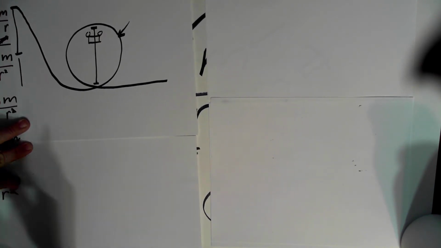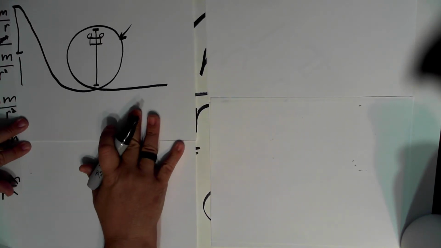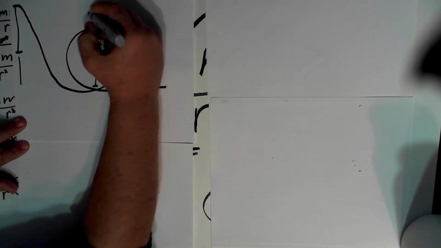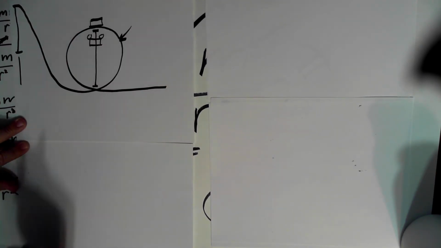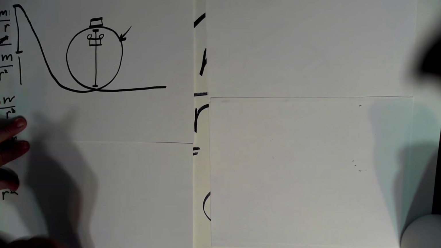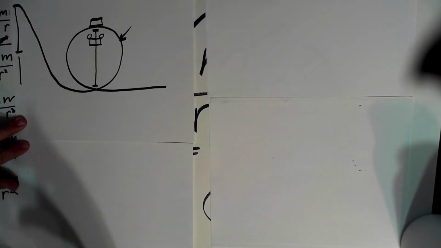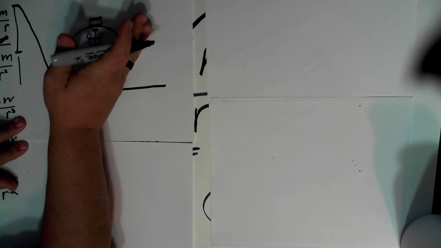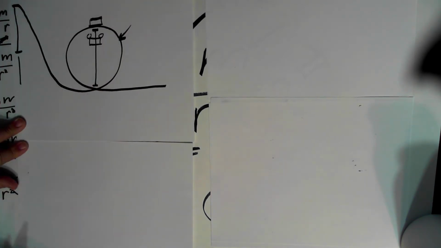This is not the case for this problem, but it turns out it's not important because we are only going to be really concerned with this point at the very top. Okay, that's the point in which we are going to be dealing with that velocity. So we are going to ignore all of it and just simply concentrate at the top.